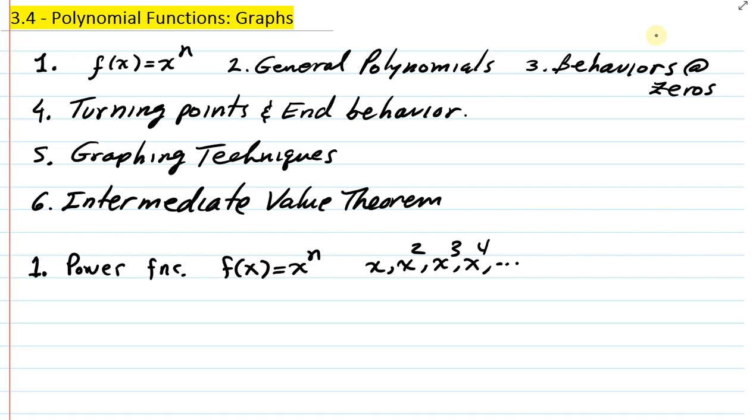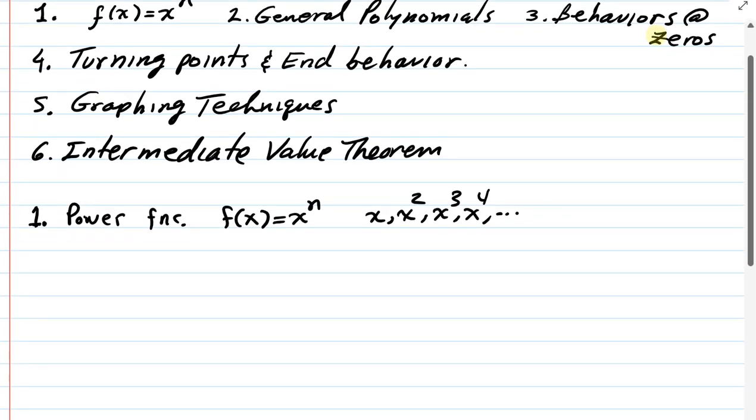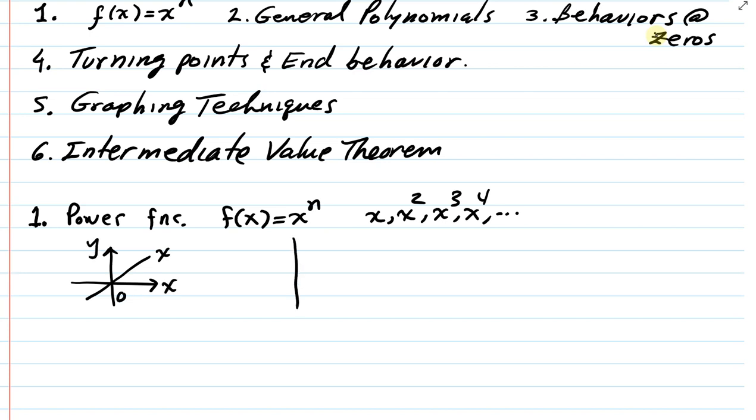Okay, so what does the graph of these look like? Well, we already know what the graph of x looks like. For example, this would be the graph of f of x equals x, or simply y equals x. We have seen the graph of the quadratic function, the parabola, the simplest form, the basic parabola x squared.